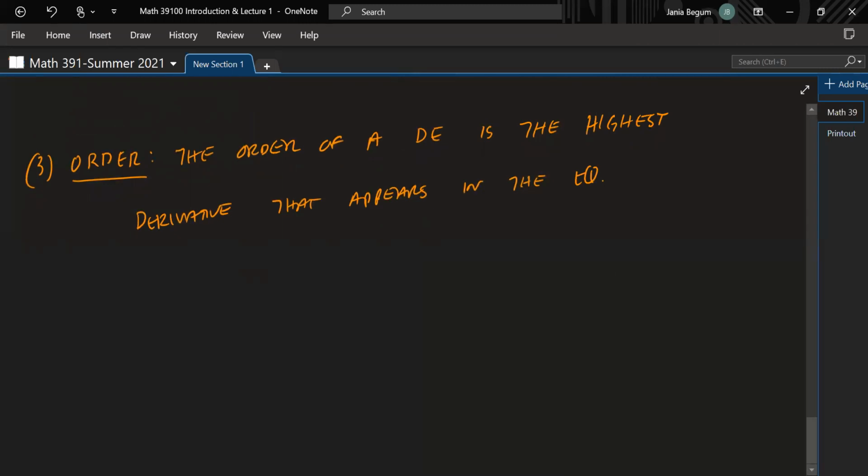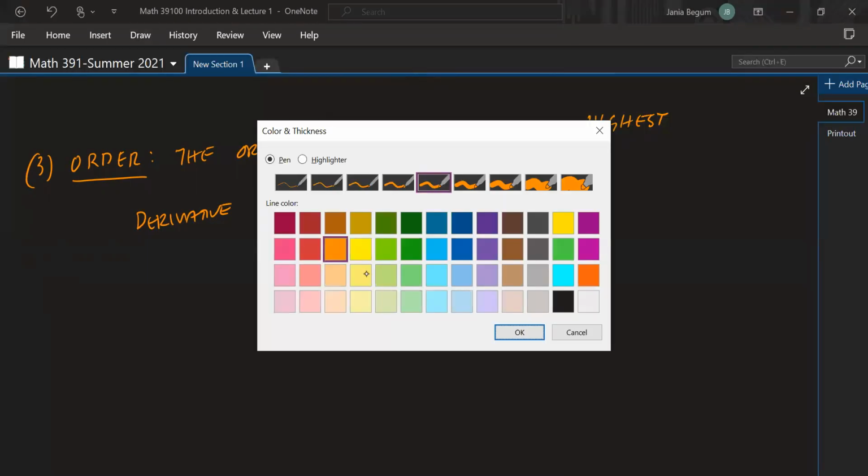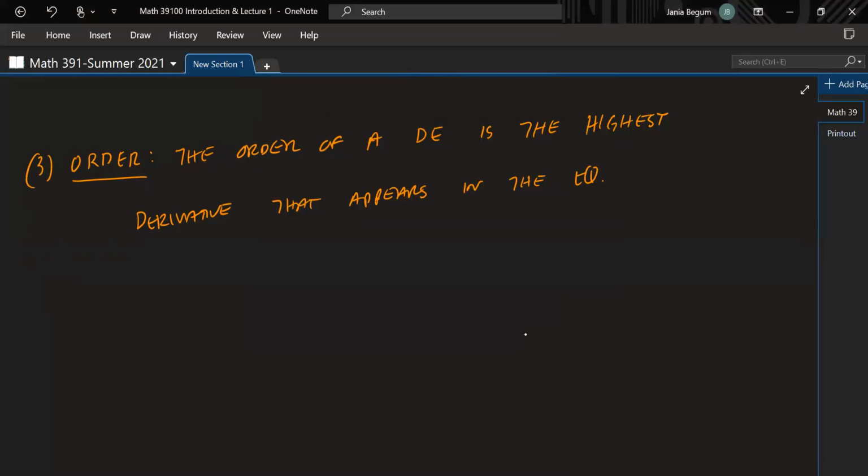Now, let me give you an example of how you can identify what the order of a differential equation is. So, for instance, say you have y to the third derivative plus y to the fourth derivative is equal to 3t squared.